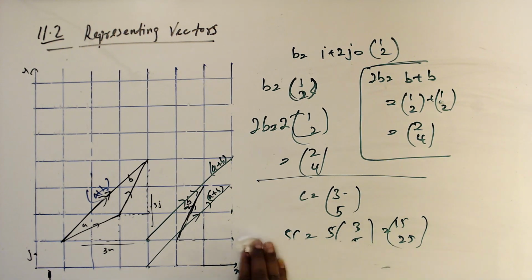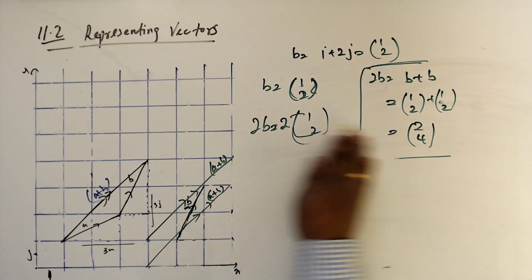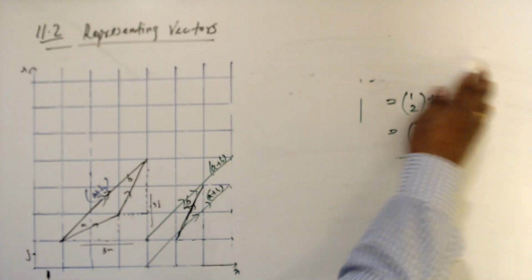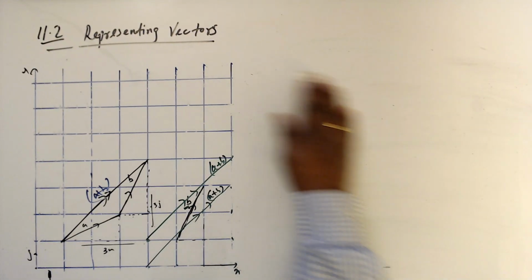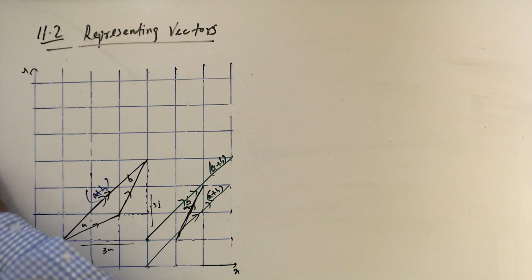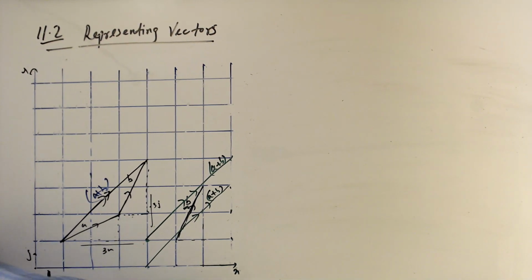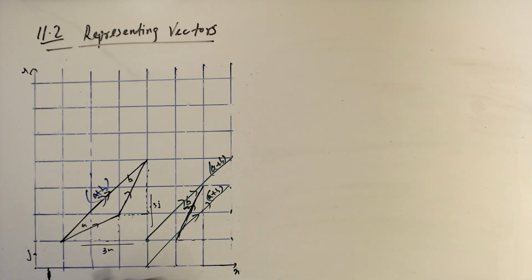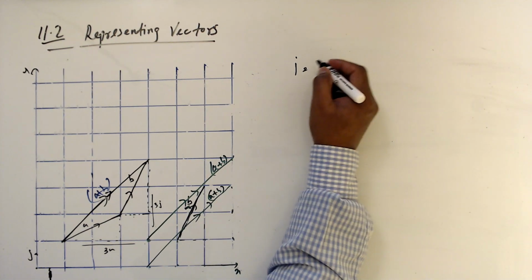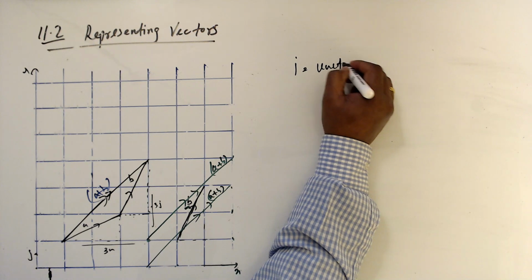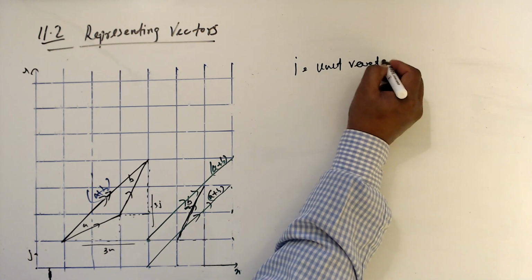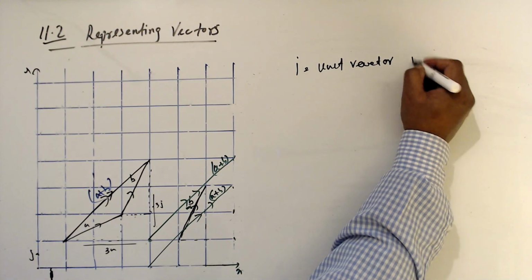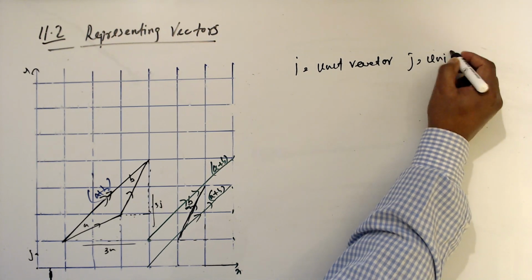Now we want to discuss a bit about i and j. We simply use i and j. There is something special about i and j. This i we call a unit vector. This j is also called a unit vector.